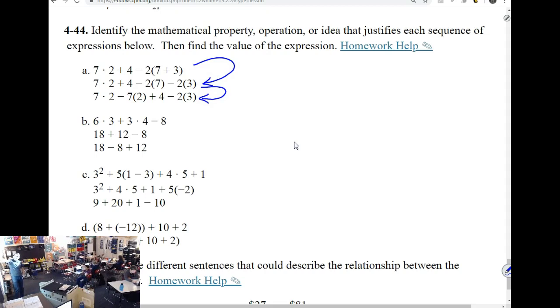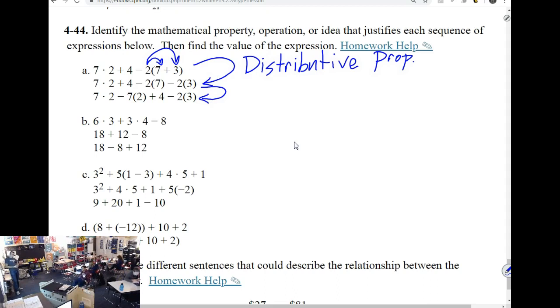Then simplify. So like from here to here, what happens is this multiplies and this multiplies. What do we call that in math? Starts with a D. Distributive property. Because like read the directions, guys. This is identify the property that lets us do what we're doing.